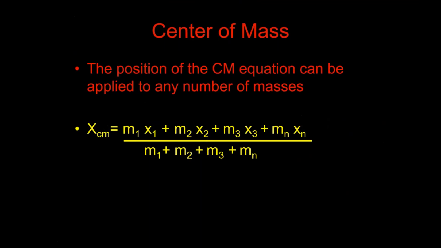The center of mass equation can be applied to any number of masses. You could apply this to one mass, 2, 3, 4, 5, as complicated as you would like. So essentially, it is the sum of m_n times x_n over the sum of all the masses m_n.